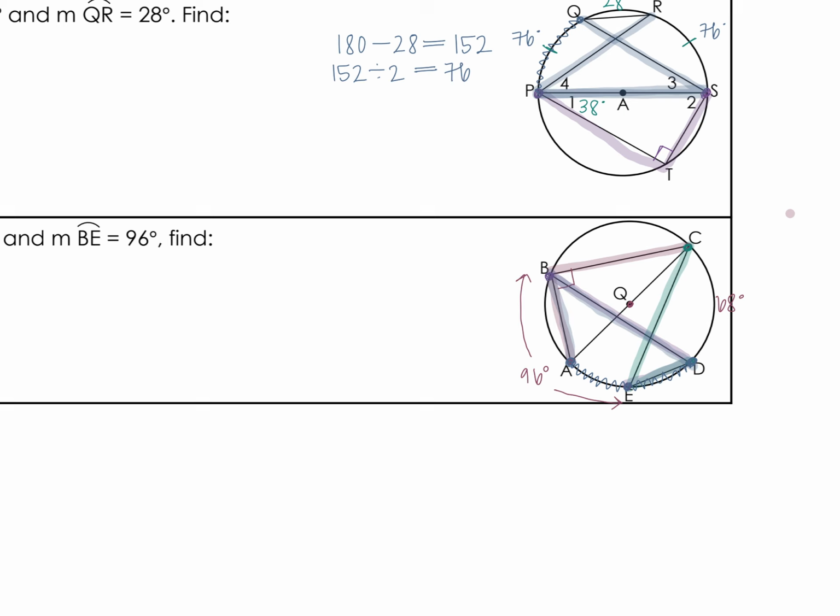Okay, and so let's see what we can do. Well, I do have that right angle here, and then I notice that my intercepted arc from C to B to D, this inscribed angle here, could be found using half of that 68 degrees.